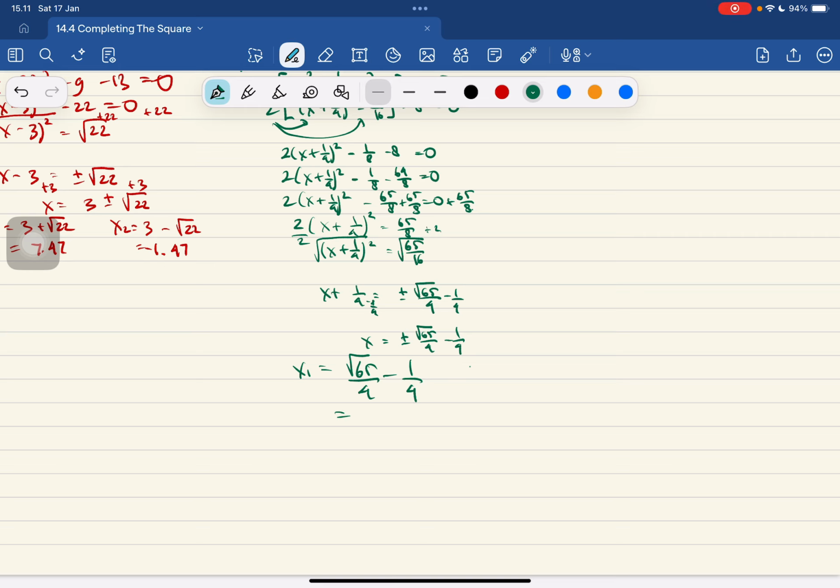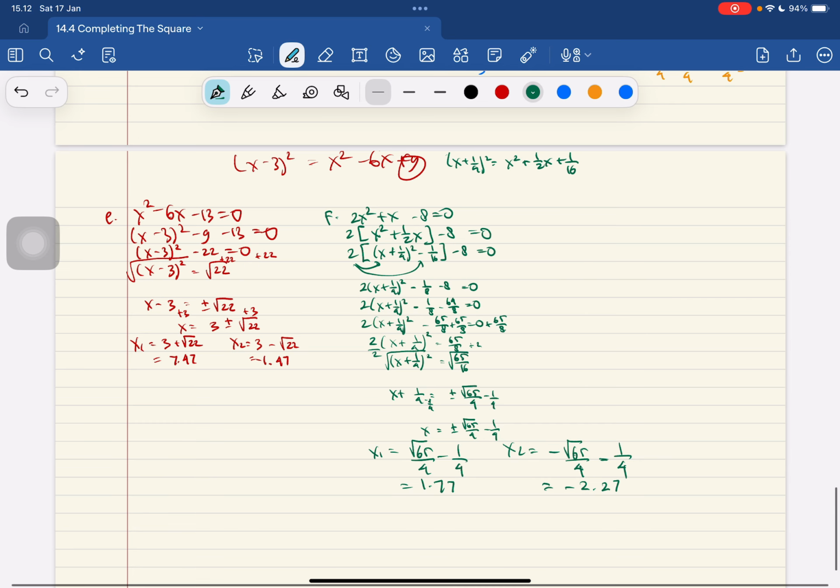And then the x2 will use the negative sign, negative square root of 65 over 4, and we minus 1 over 4. So you can use a calculator. So the first x we will get is 1.77, and the second one we will get as minus 2.27. Okay, there it is. Thank you.